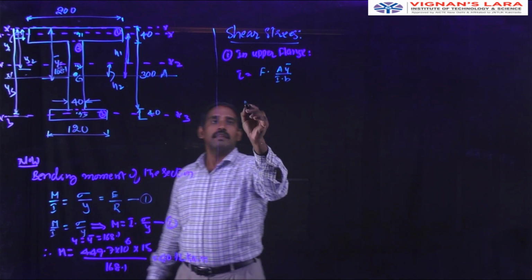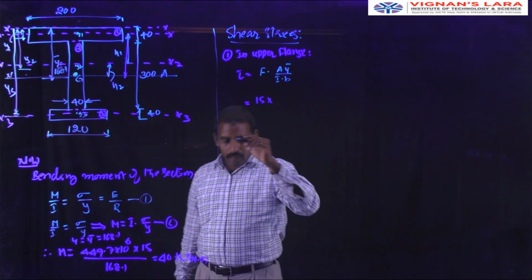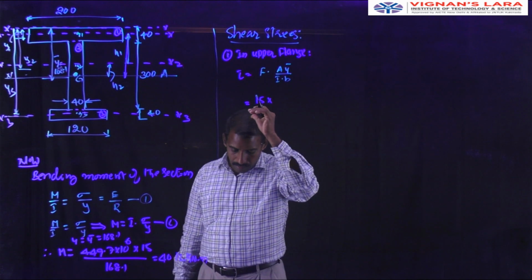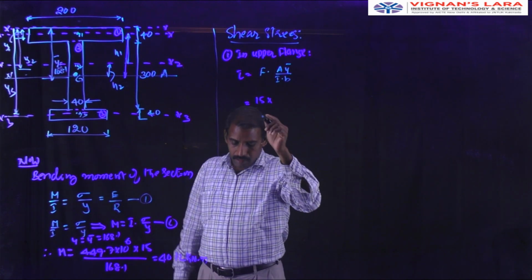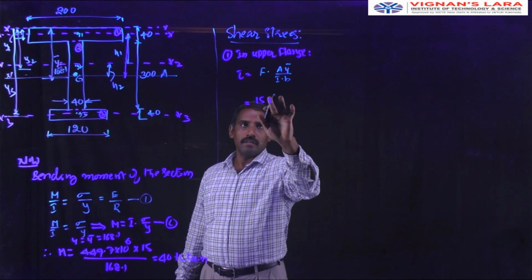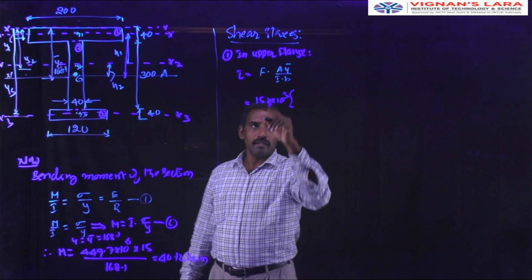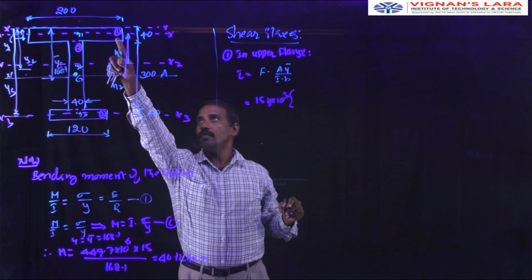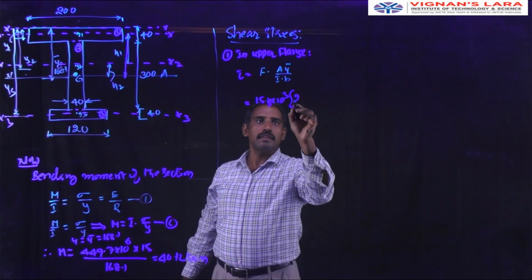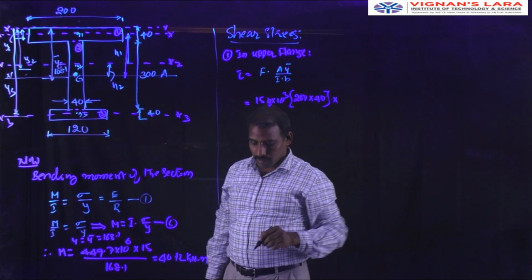Shear force F is equal to 150 into 10 cube newtons. Then what about A? The area of this flange is 200 into 40. Into the y bar.